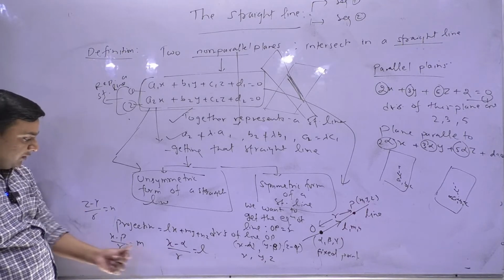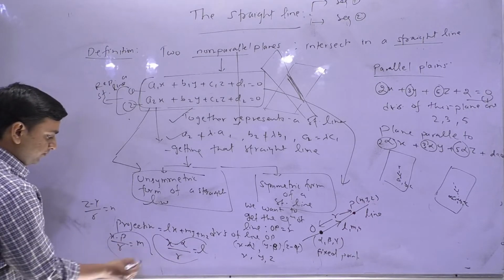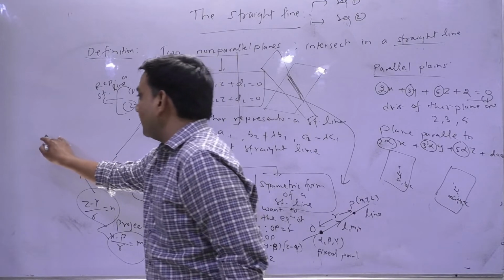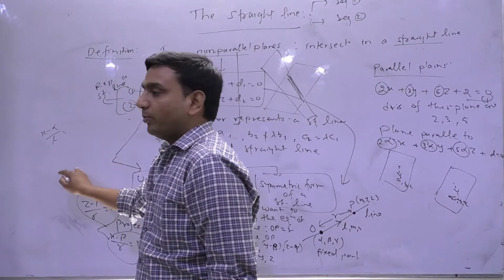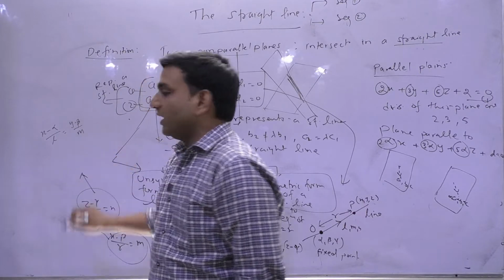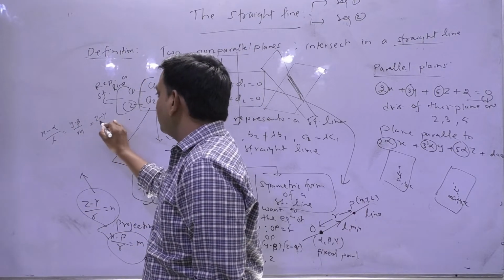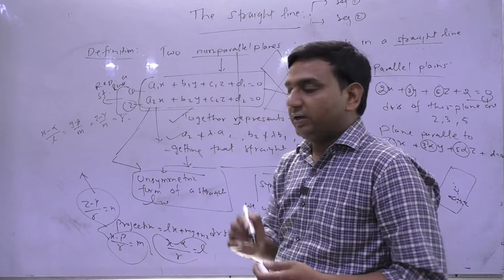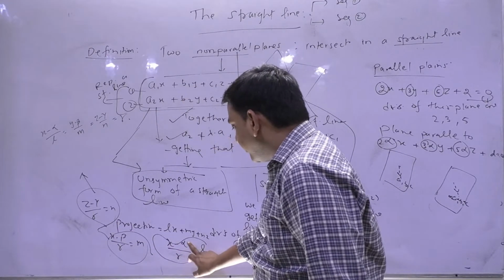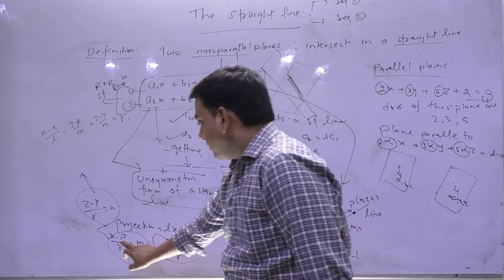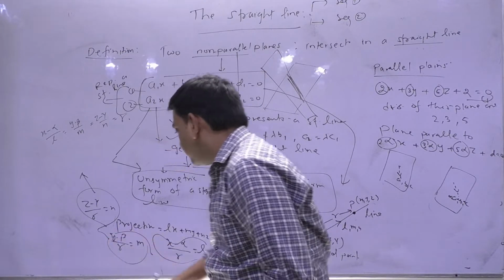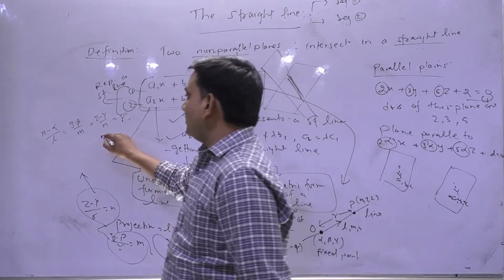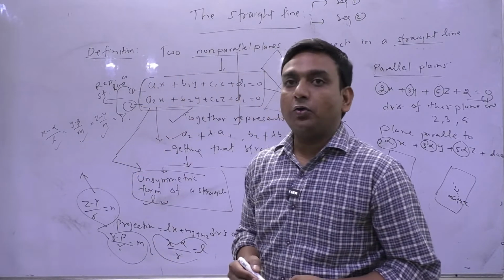So with these three, what can I write? With these three, I can write x minus alpha upon l equals y minus beta upon m equals z minus gamma upon n, and these all three quantities will be equal to r, because from here I can write x minus alpha upon l equals r, y minus beta upon m equals r, z minus gamma upon n equals r, means these all three quantities are equal to r.